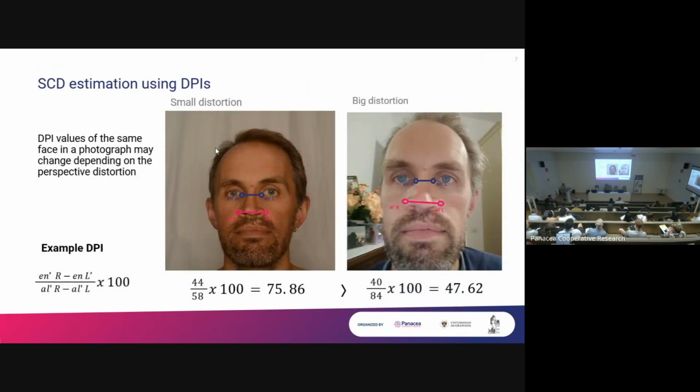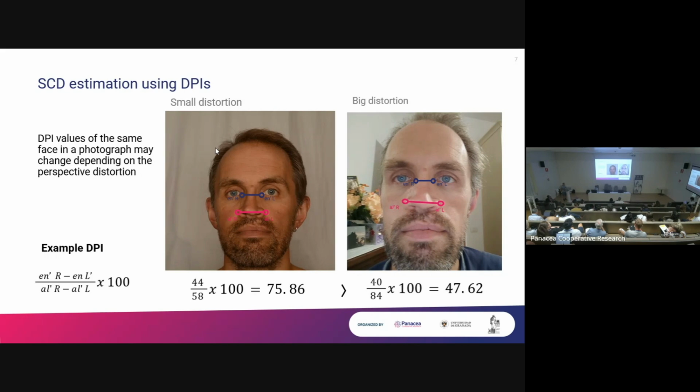My intuition for the use of DPIs was that if you check the relative sizes of my nose in these pictures, you can see that when you have a lot of perspective distortion, I can measure that my nose gets bigger compared to the distance between my eyes. So with just one of these indices, you can see that I get half the number.